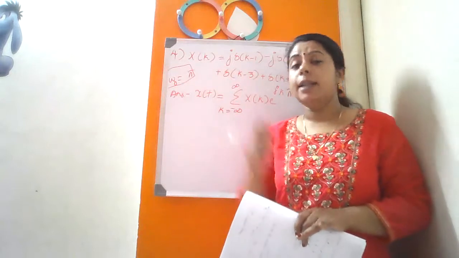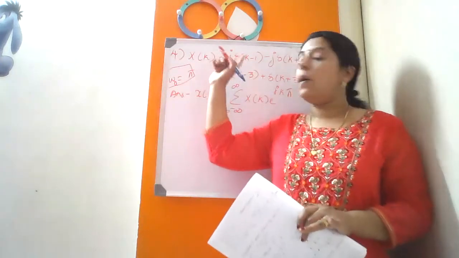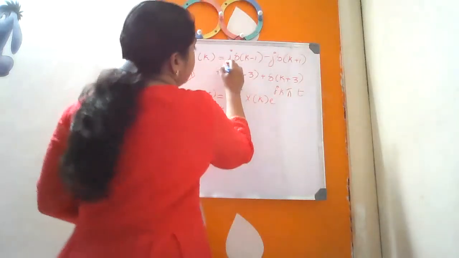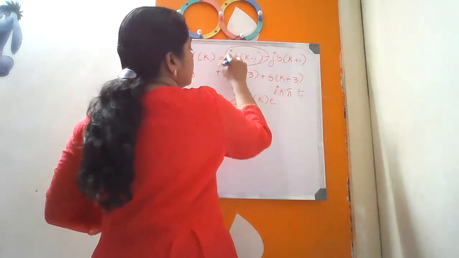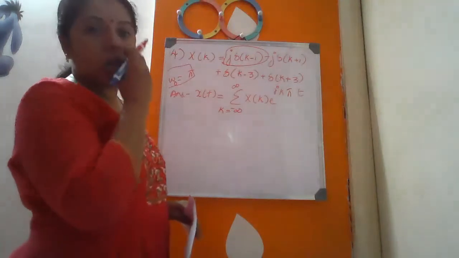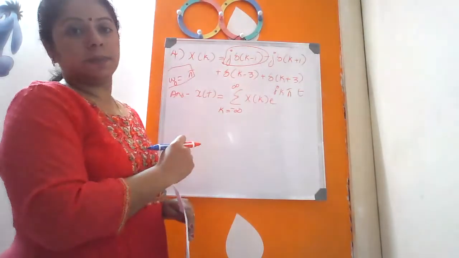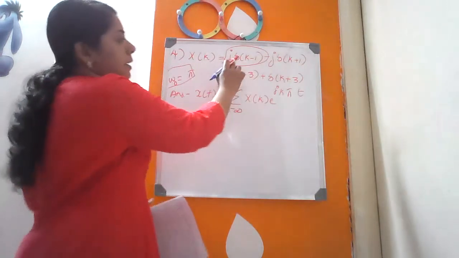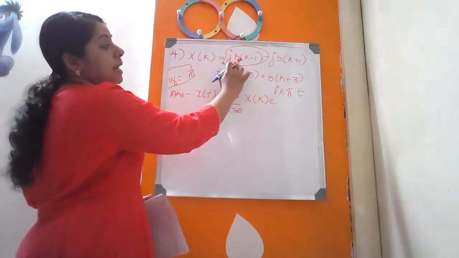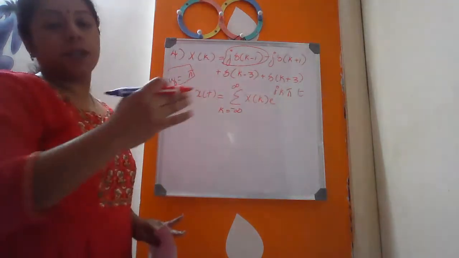So, can I tell that whatever they provided here as the first term, this value is for k equal to 1, isn't it? Here you can see that it is del of k minus 1. It's a shifted version.